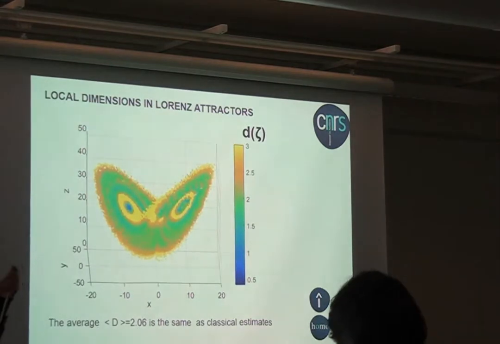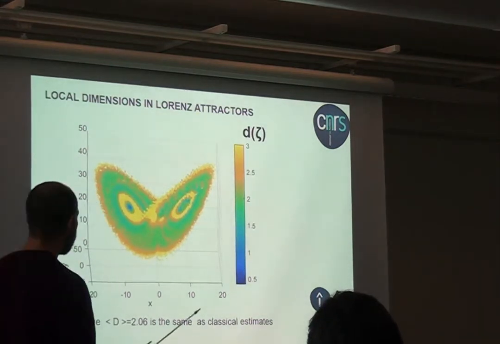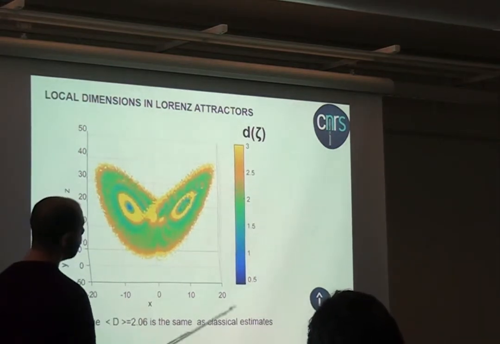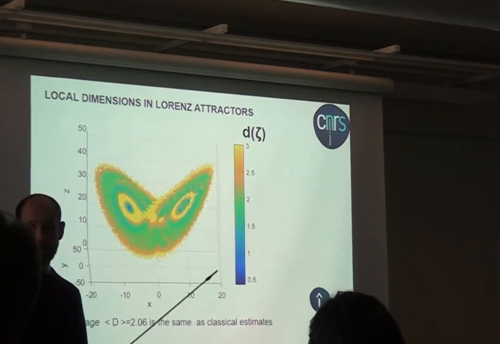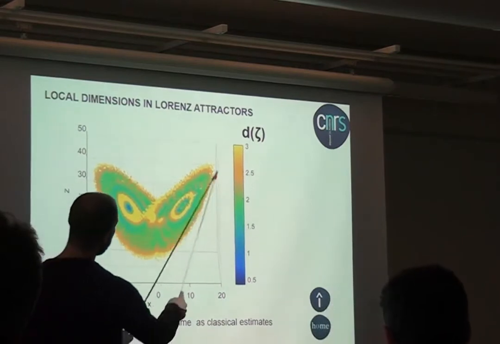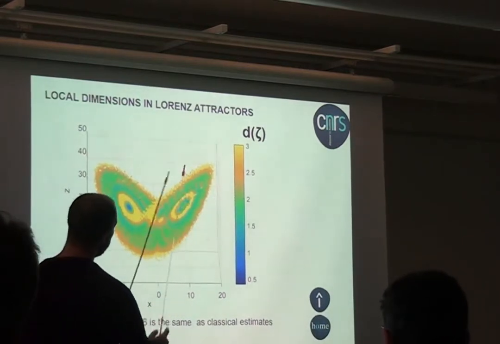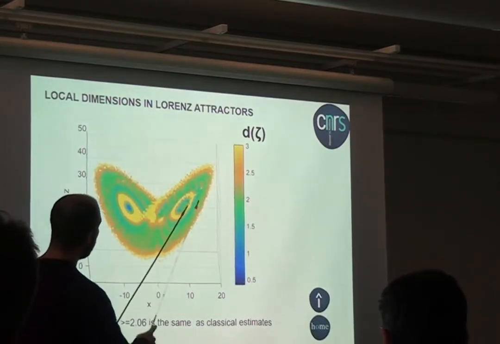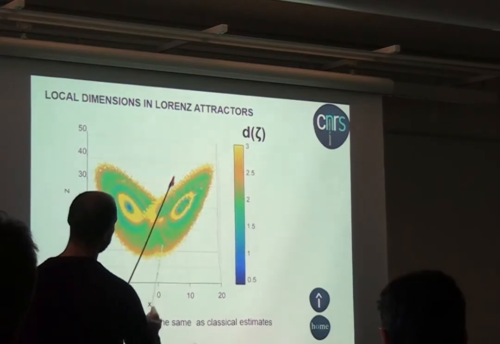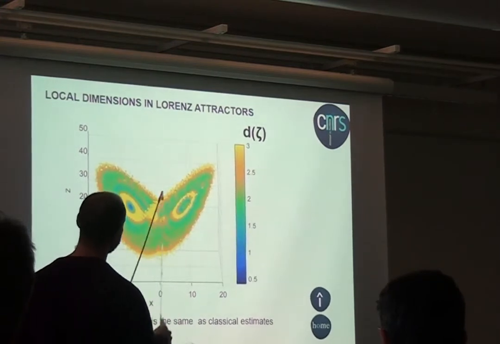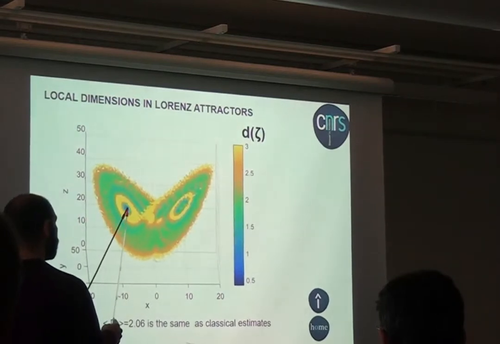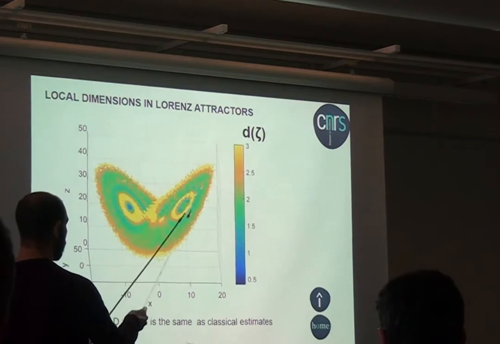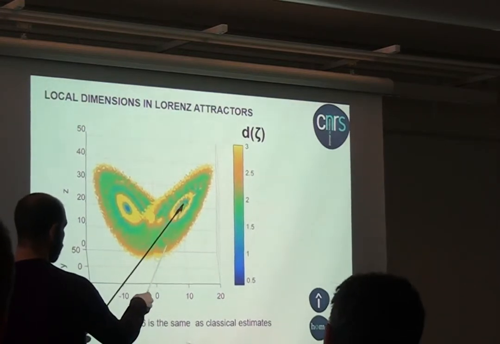So in the Lorenz attractor, to answer the question of Freddy again, if we look at the distribution of the local dimension, we see already that we have some interesting structure. The extremal points of the wings are high dimensional, so you see that these kinds of extremes are traced by the dimension. There is also an interesting region near the unstable fixed point, and also here, but I don't have enough points for this trajectory.